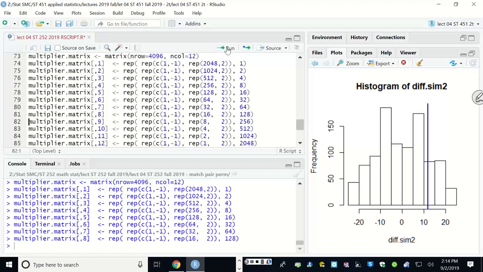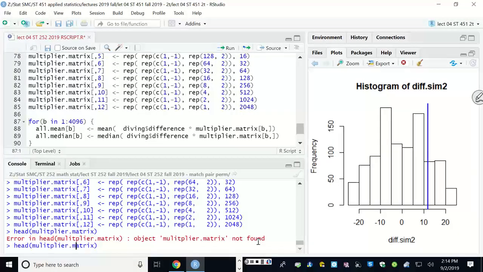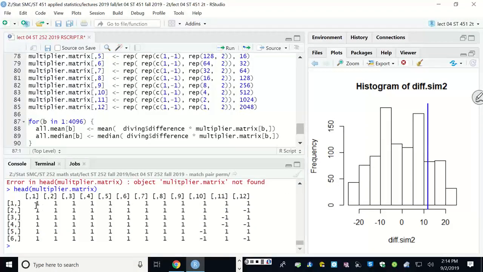We'll run through these different things. Let's look at the header rows of this matrix. The first row is all 1s, and that's going to be our sample as we saw it. Then the next row has all 1s except the last one is flipped.